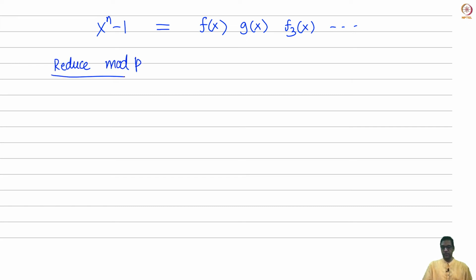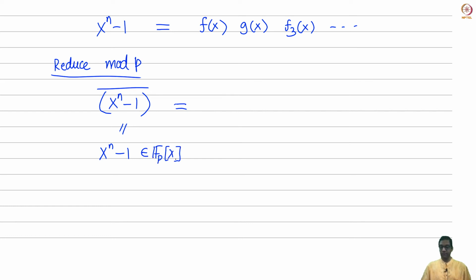So now let's go back and recall, where are we? This is f, g, and then maybe there are other factors. But now let's reduce both sides modulo p. I'll take this x^n minus 1, and think of it as reduced modulo p in the coefficients, which means it's really again x^n minus 1, but I have to think of these 1s as now being 1s in F_p.